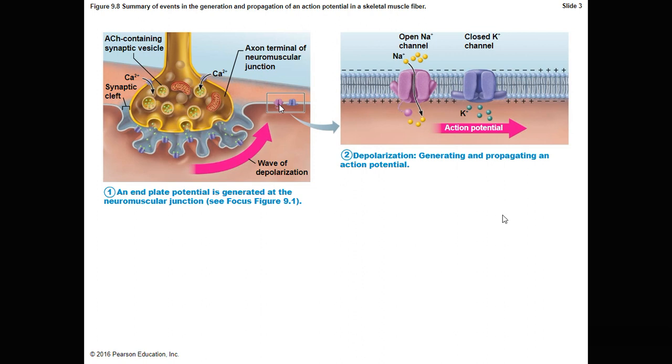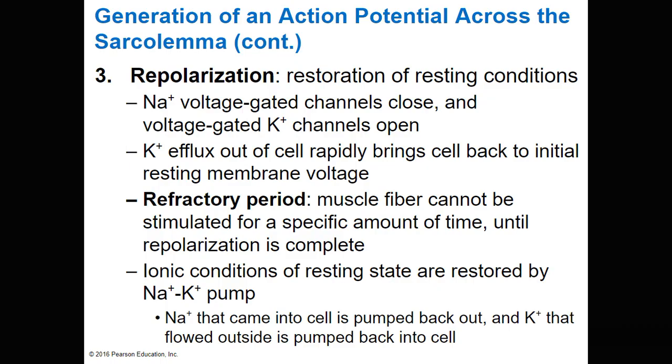In an action potential, the cell has to go back to its resting membrane potential. Remember, the resting membrane potential is around negative 90. It goes from negative 90 to about positive 30 millivolts when it's depolarized, and then it has to go back to negative 90 millivolts by repolarization.